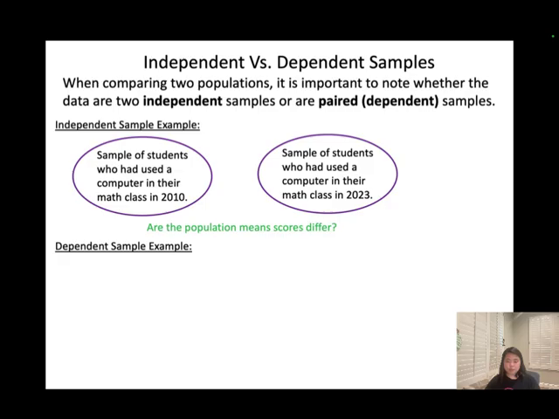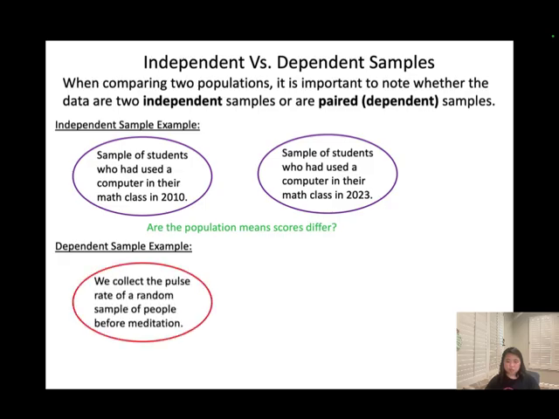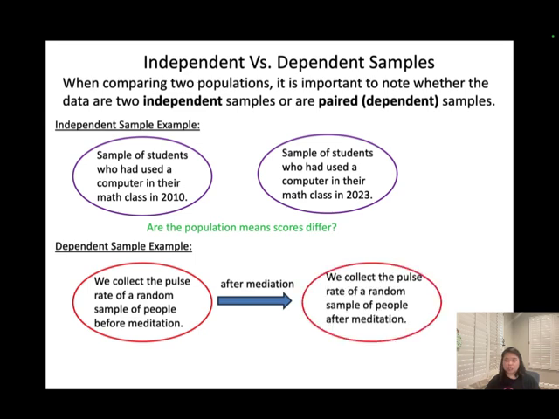Let's look at the dependent sample example. We have a sample of people. We're going to collect their pulse rate. After that, they will receive the medication, and then we're going to measure their pulse rate one more time. We call this a paired sample because each value in one sample can be paired with the value from the same person in the other sample. So these two populations have dependent samples, and we also call them matched pairs.